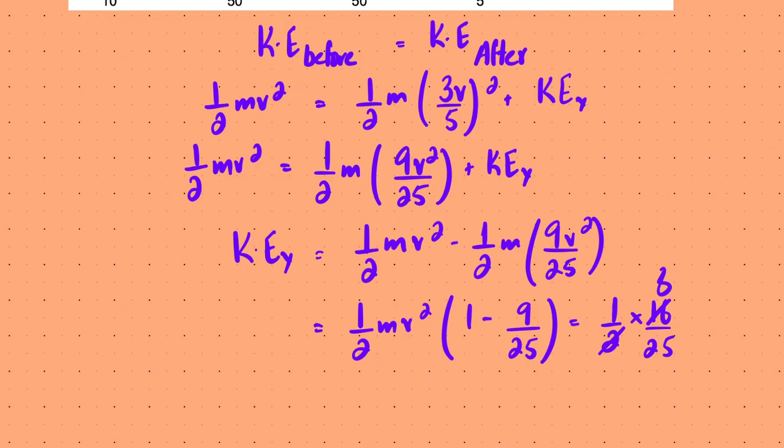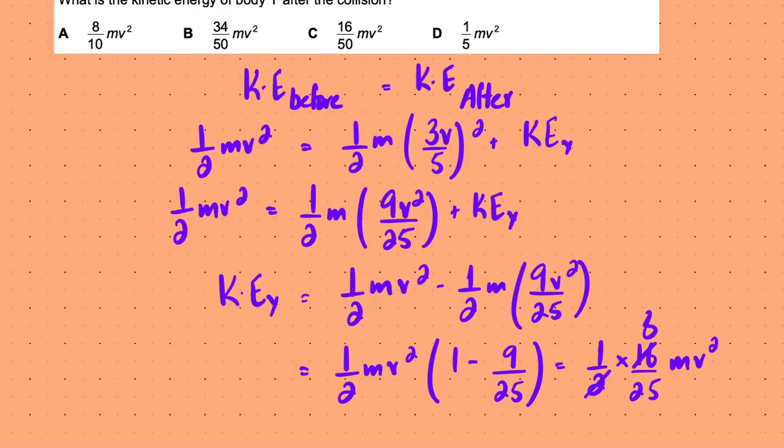So that's basically 8 over 25 m v squared. And if you look at the options, 8 over 25 is just a simplified form of 16 over 50. So that's C.